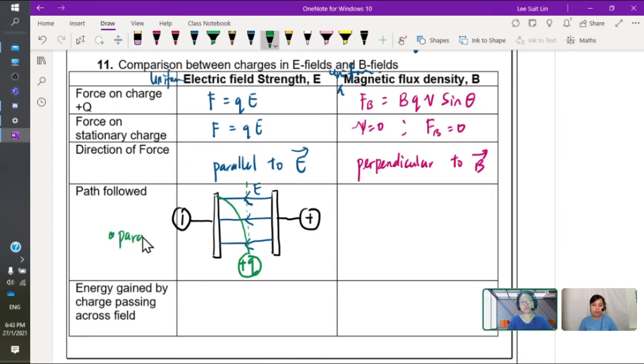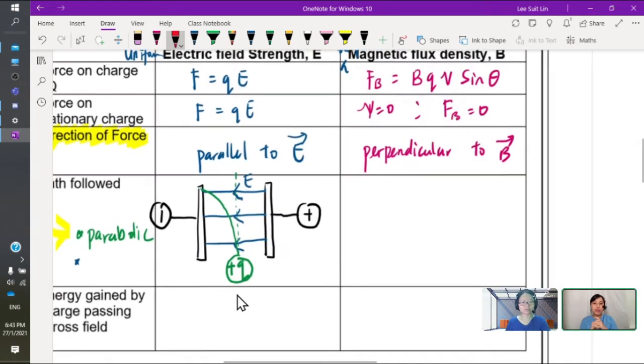And if you have done enough past year papers by this point in your study, you will notice that sometimes they like to ask, explain why this is parabolic. Describe the path. Why is it parabolic? The force, think about the force. Where's the force pointing? That's why it's parabolic. The direction of the force.